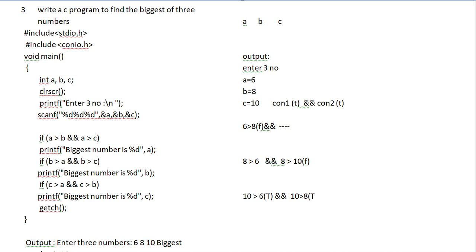If both the conditions are true, it will enter the block. Here both the conditions are true, so it will display "Biggest number is c". The output is displayed as biggest number is c, that is 10. The %d given here holds the value of c, and it will be displayed here.